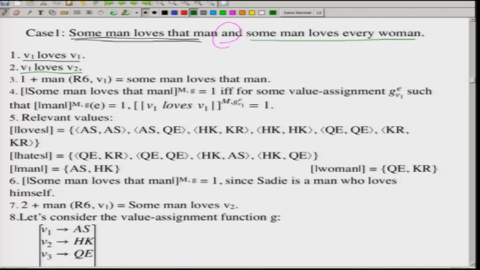Now, the first part, which is some man loves that man, derives from V1 loves V1. If you remember the relevant syntactic rule, you can see that from this structure the first occurrence of V1, the variable, must be replaced by some and a common noun, here man, and then every other occurrence of that very variable will be replaced by that and the same common noun, man.